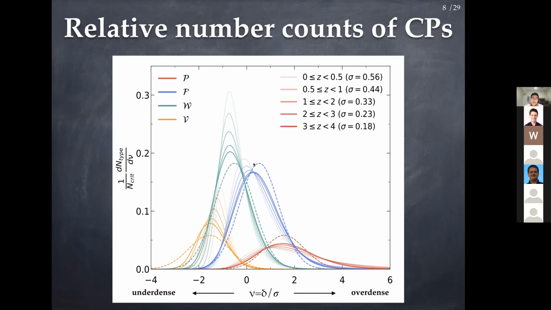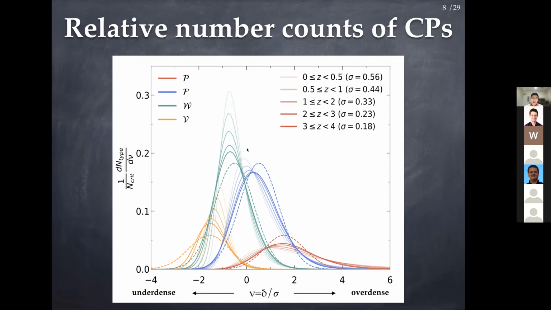And then if we let them evolve under the gravitational evolution, now these solid lines represent the time evolution of the density distribution of critical points.